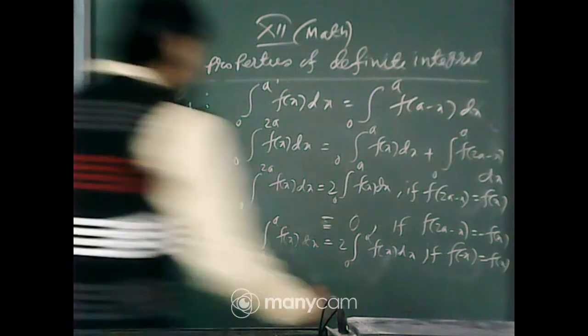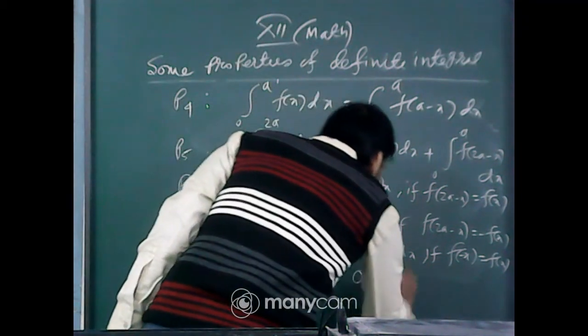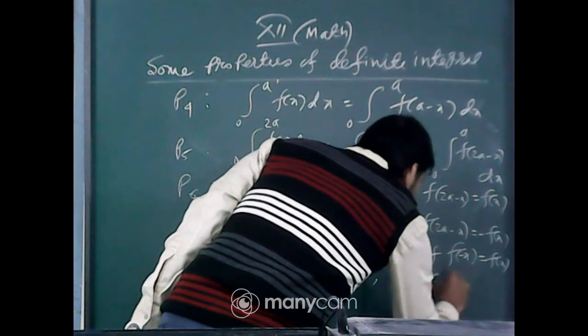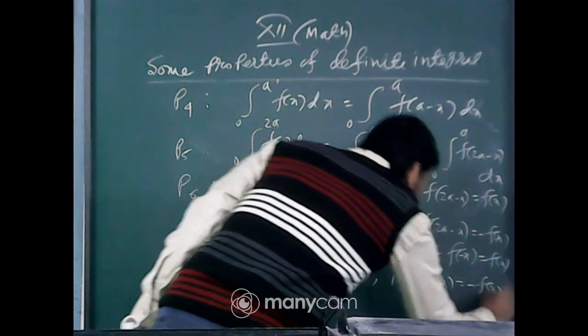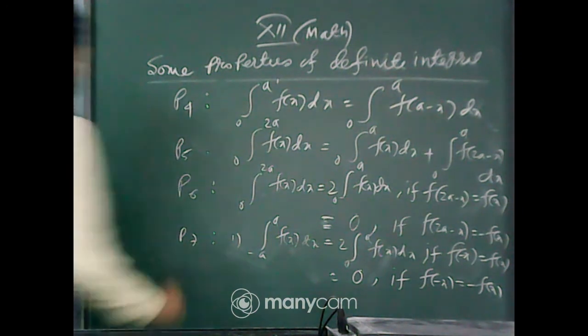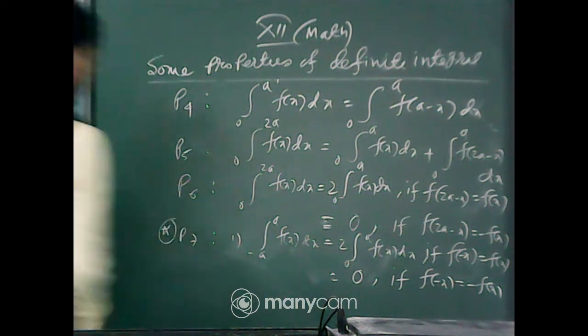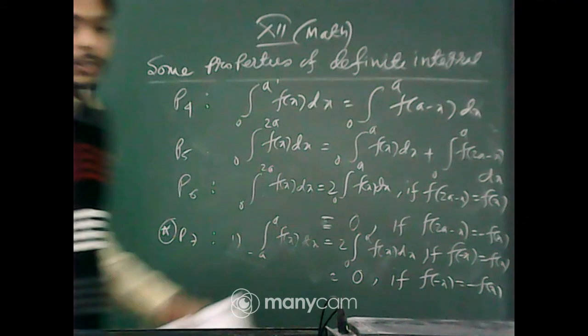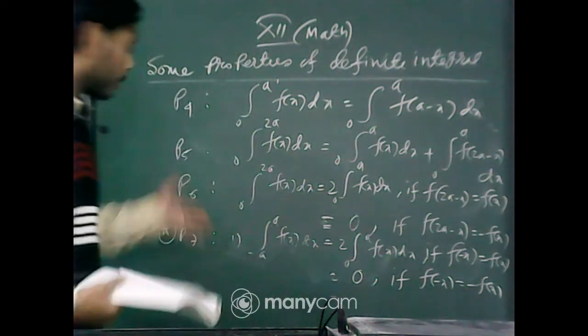And it will give you 0 if f(minus x) equals minus f(x). That means if it is an odd function, then it will give you 0. P7 is a very important property. The MCQs are coming from this property.